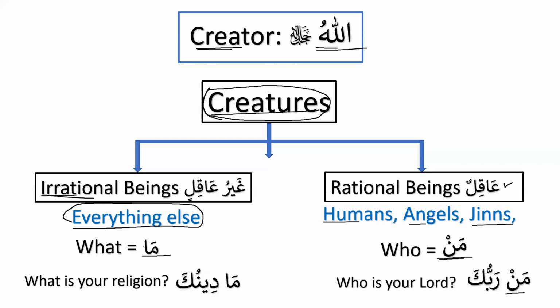So man is used for humans, angels, jinns, and of course for Allah subhanahu wa ta'ala, and ma is used for the rest of the creatures. We will be talking a lot about aqilun wa ghayru aqilin. So from today, inshallah, you should have a very clear concept about this.